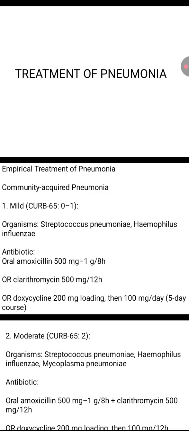Empirical treatment of pneumonia. For community-acquired pneumonia, we use the CURB-65, which will give us 0 to 1.